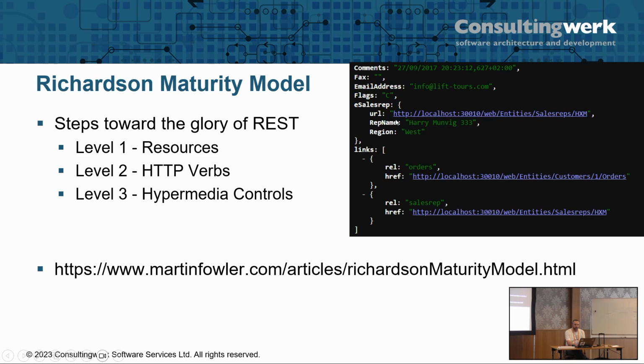And we go to level 2, HTTP verbs, and those are the URLs here to the sales rep orders and sales rep again. When you review this at home, you can have a look at martinfowler.com, the Richardson maturity model.